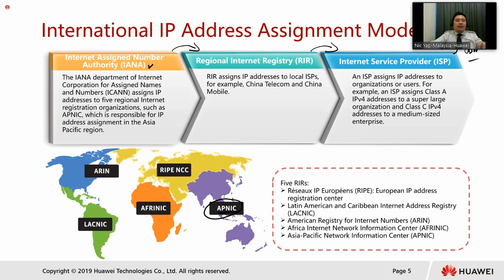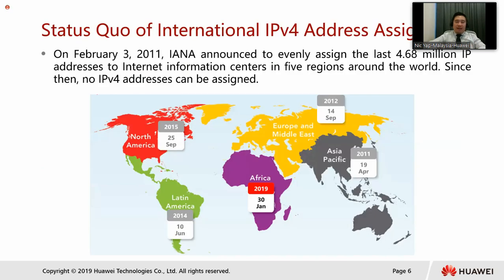On February 3rd, 2011, they announced that they had evenly assigned the last 4.68 million IPv4 addresses to the five regions around the world: the Americas, Latin America, Africa, Europe and the Middle East, and Asia Pacific.